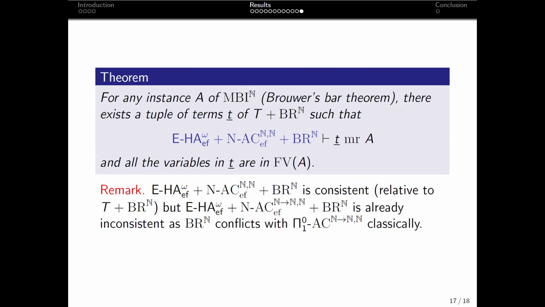Actually, this verification theory is consistent, but if you consider NAC-EF for a little bit higher objects, then it becomes already inconsistent. Actually, this is the same as bar recursion being consistent with a very weak variant of the function existence principle.